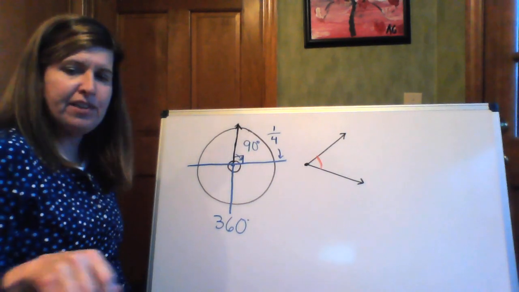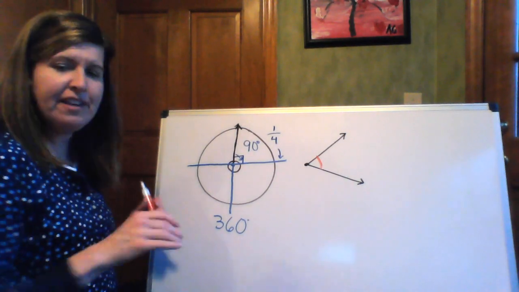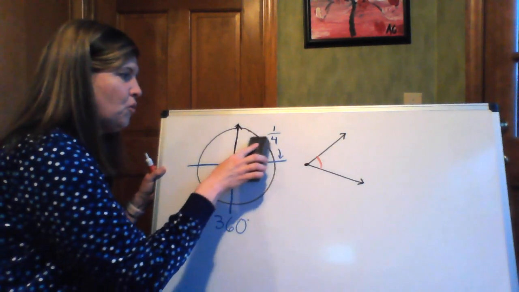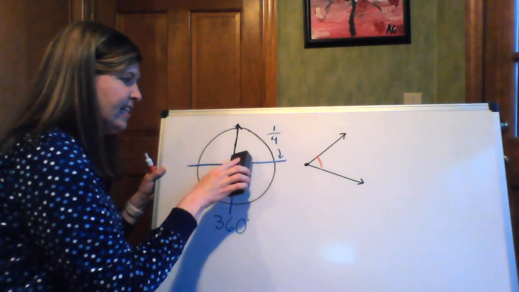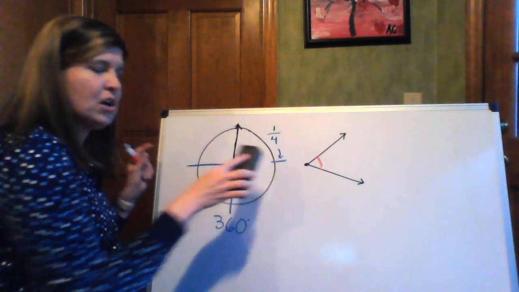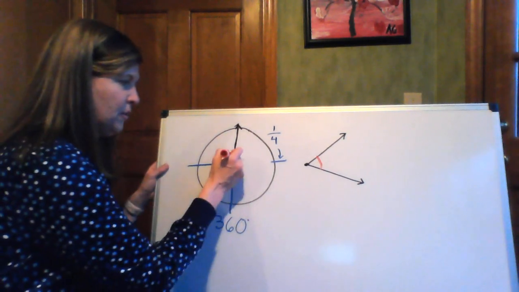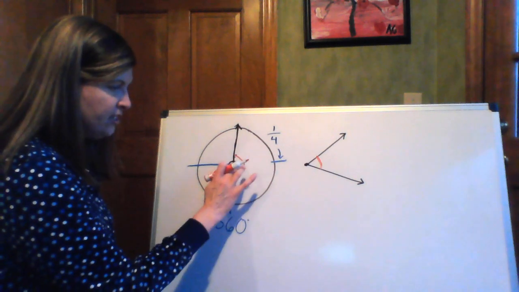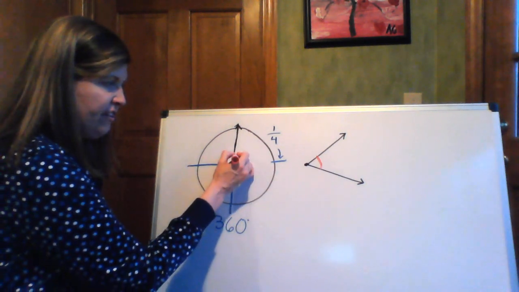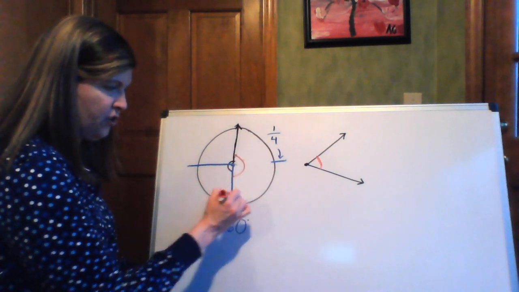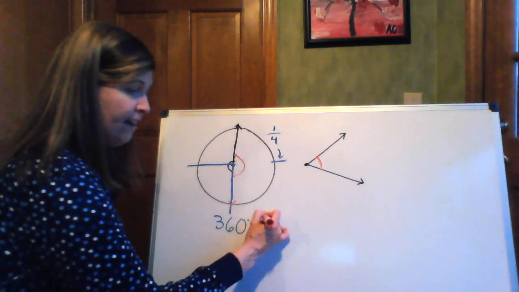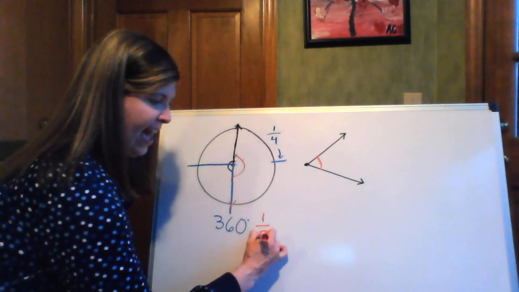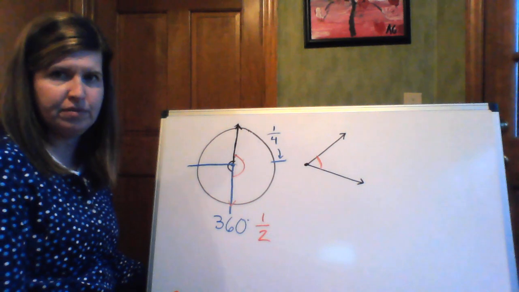Now, how about if instead of just a quarter of it, we want to do half of the circle? We want to measure what that red line is, from this ray all the way to this. That would be considered a half turn of the circle.